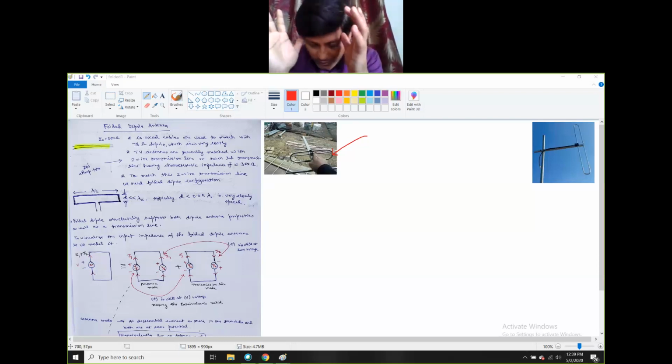There are two things, as I told you. Number one, we are not using coaxial cable for the TV antenna configuration because it is very costly, and it is not readily available for such huge lengths. And two, the twin pair or twisted pair cable which we generally use in TV antennas is very cheap.